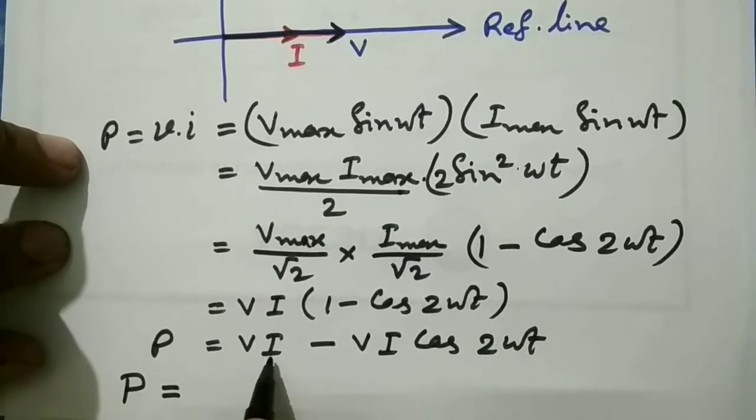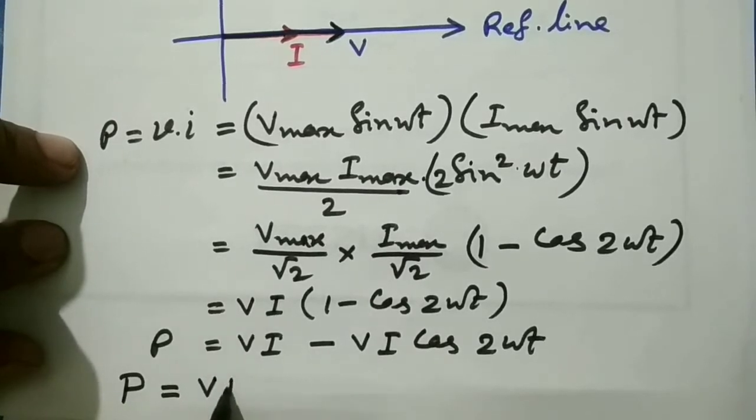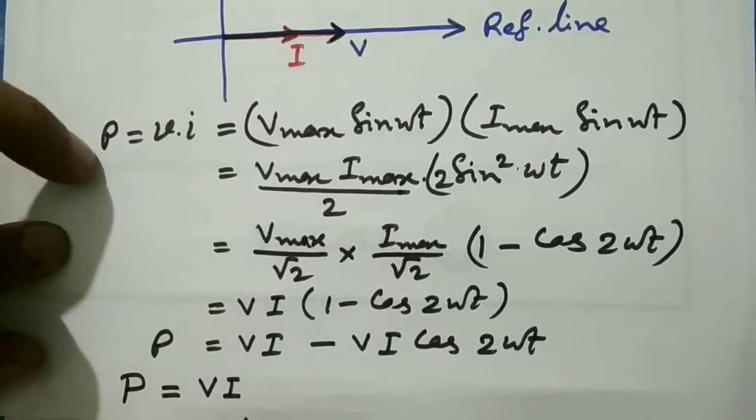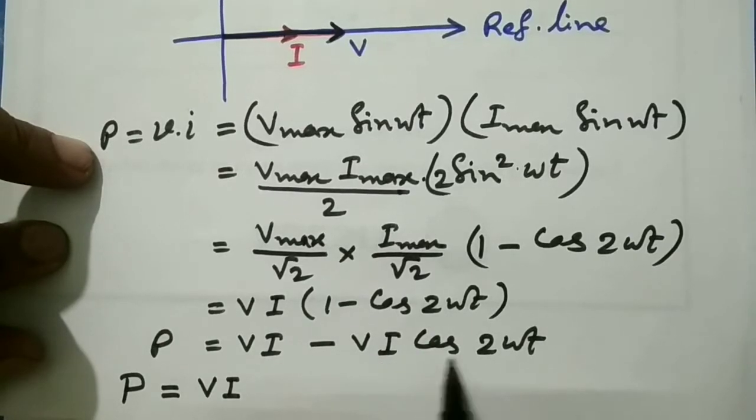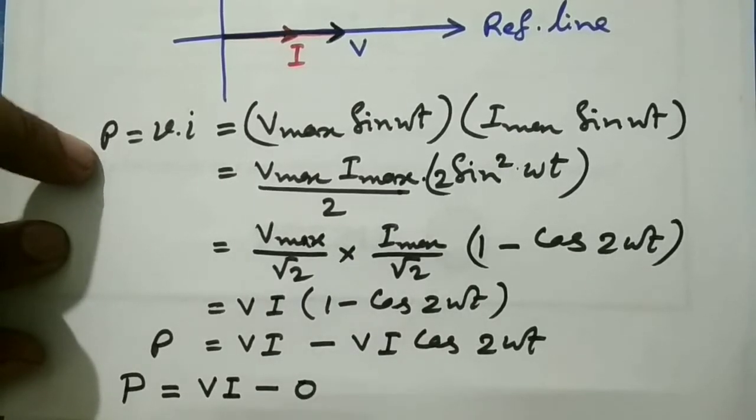Here the V and I, the RMS values, are constants, so their average will also be constant. But in the second part, there is a term t. So over a complete cycle, this cosine term will become 0. Therefore, the average of the second term will be 0.